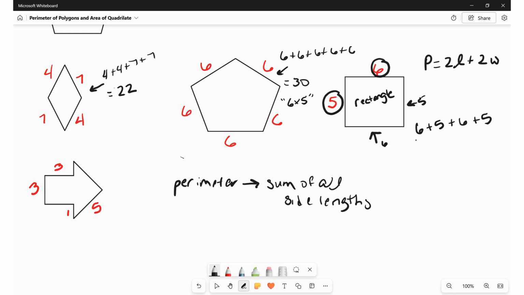There are 2 6s, so 2 times 6, and 2 5s, 2 times 5, and that gives us 22. It's the same as if we just added up 6 plus 5 plus 6 plus 5, because the perimeter is just the sum of all side lengths.